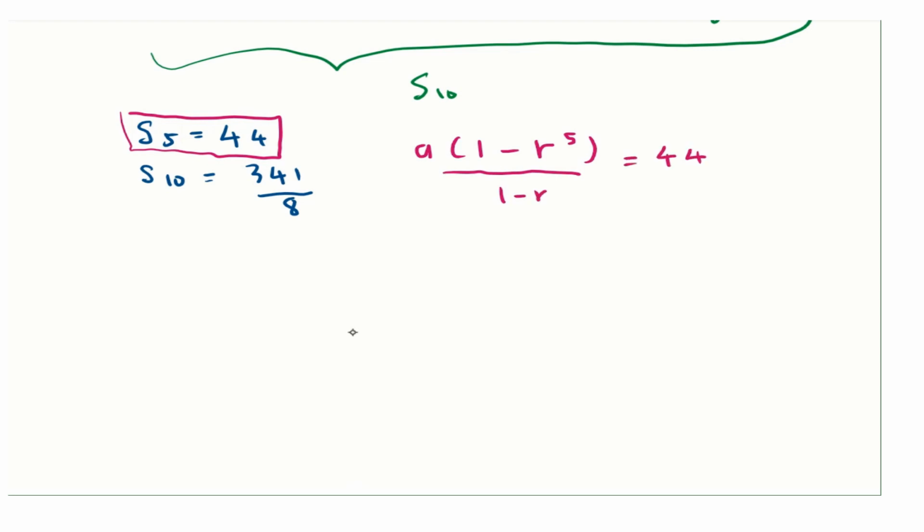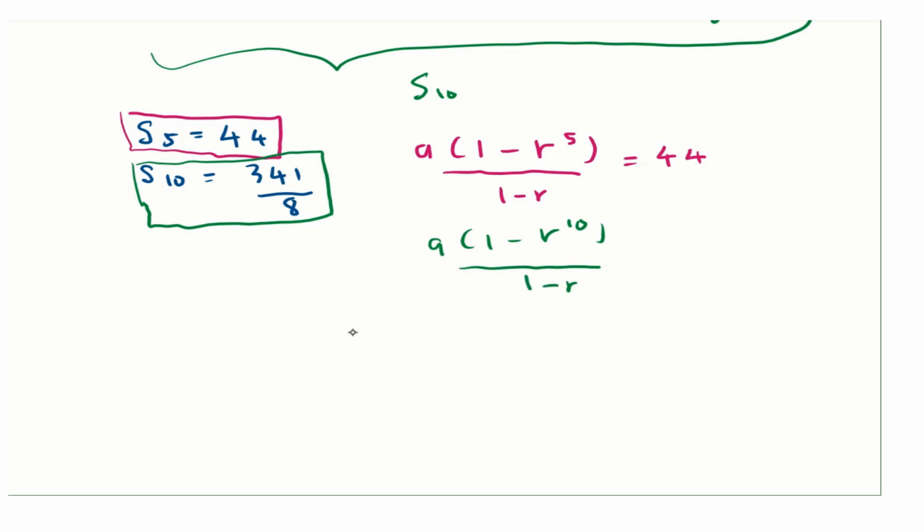And for the second one, S10 equals 341 over 8, so a times (1 minus r to the power of 10) divided by 1 minus r equals 341 over 8. So we have two equations: this is the first equation and this is the second equation. We can solve them in any way to find r and a.